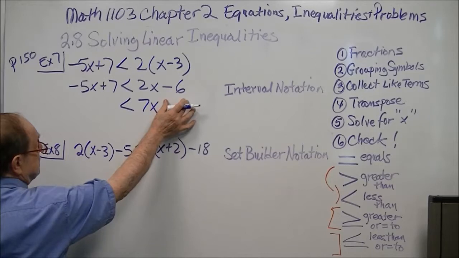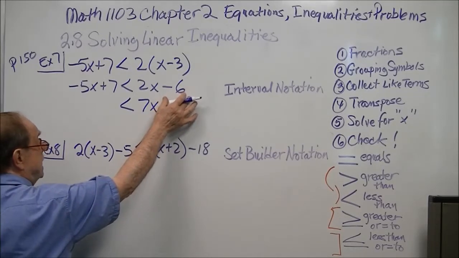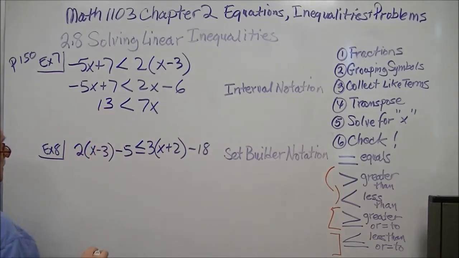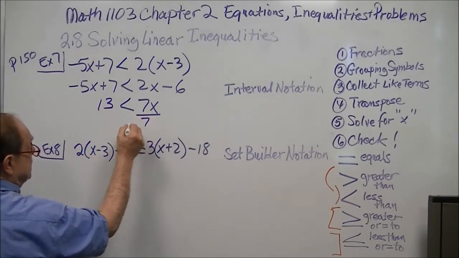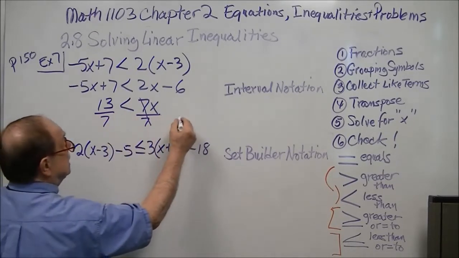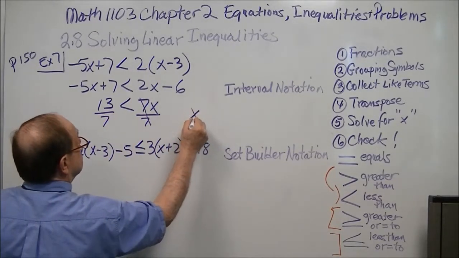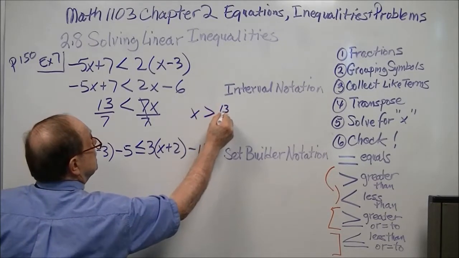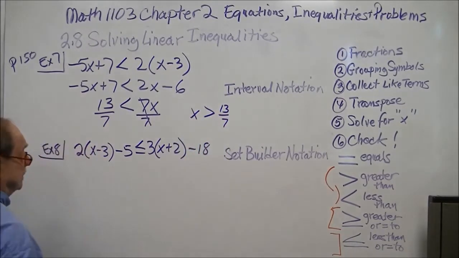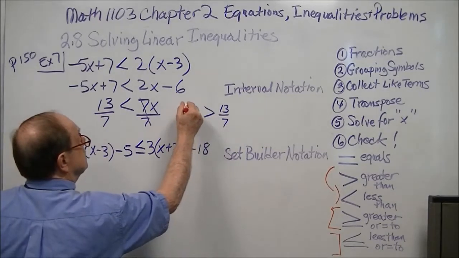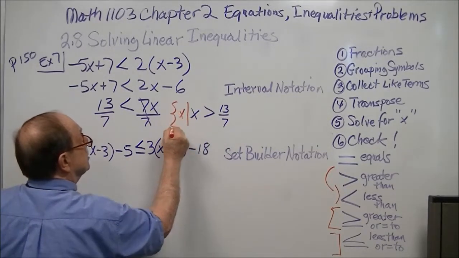Add a 6. This makes this 13. Divide by 7. And then I'm going to rewrite it so that it's x is greater than 13 sevenths. Again, in set builder notation, we would just put an x there, braces.